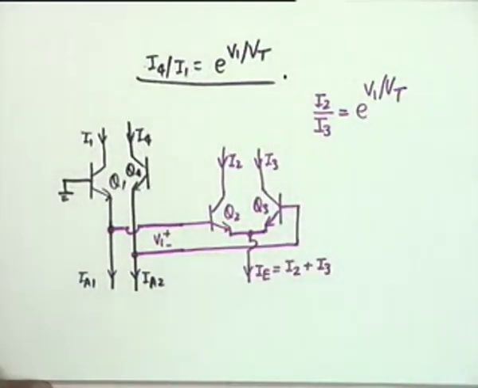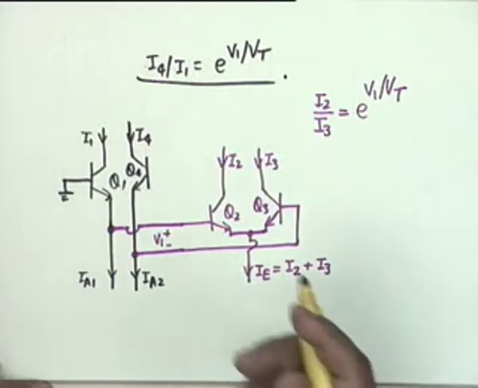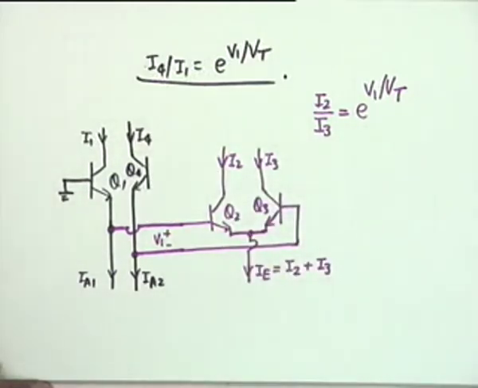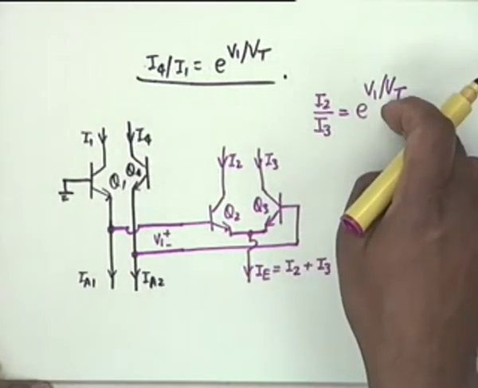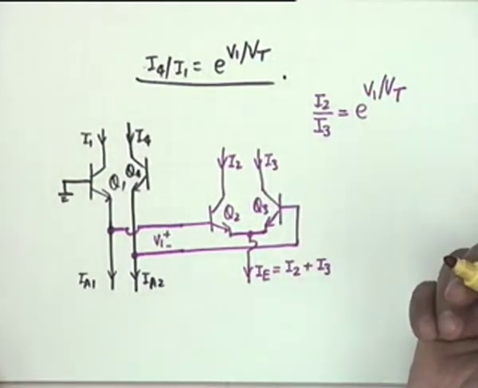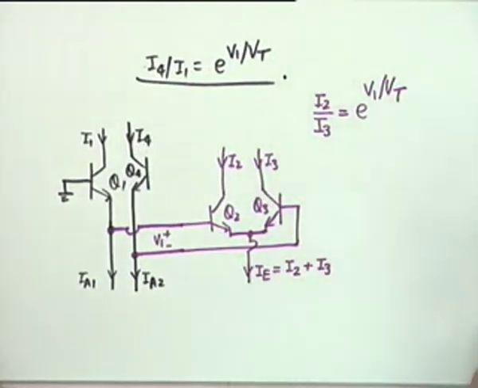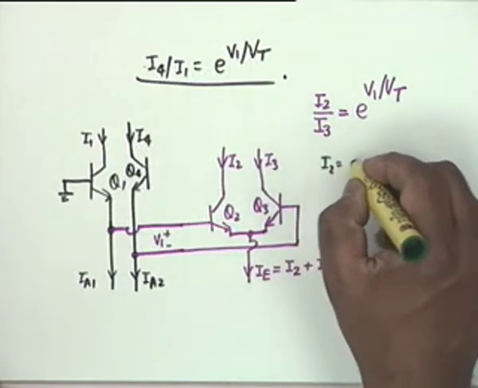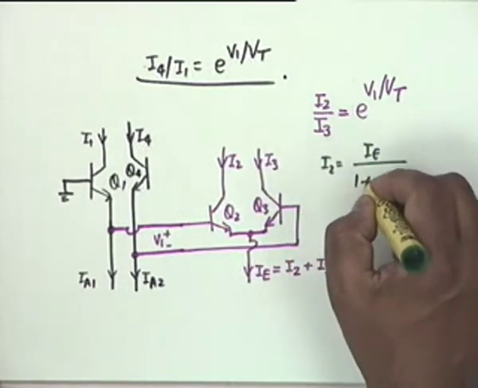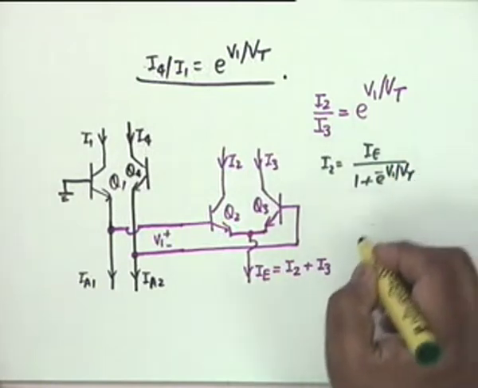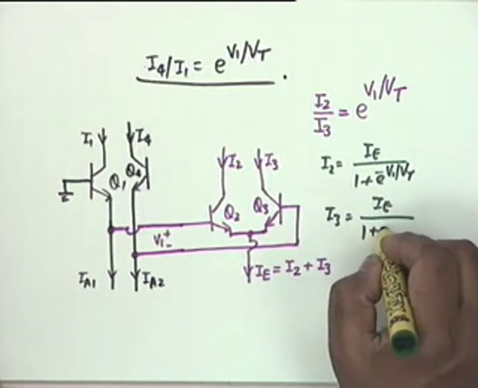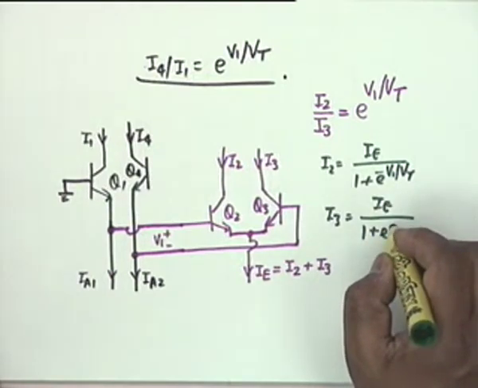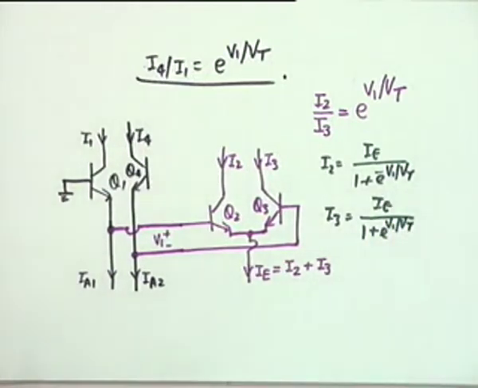Absolutely correct. And we have done this analysis earlier also in the case of a differential amplifier. I2 plus I3 is a constant, I2 by I3 is this, therefore the two quantities can be written as, we have done this earlier, this is a side result if you wish to remember. I2 is IE divided by 1 plus e to the minus V1 by Vt, and I3 is IE divided by 1 plus e to the plus V1 by Vt.